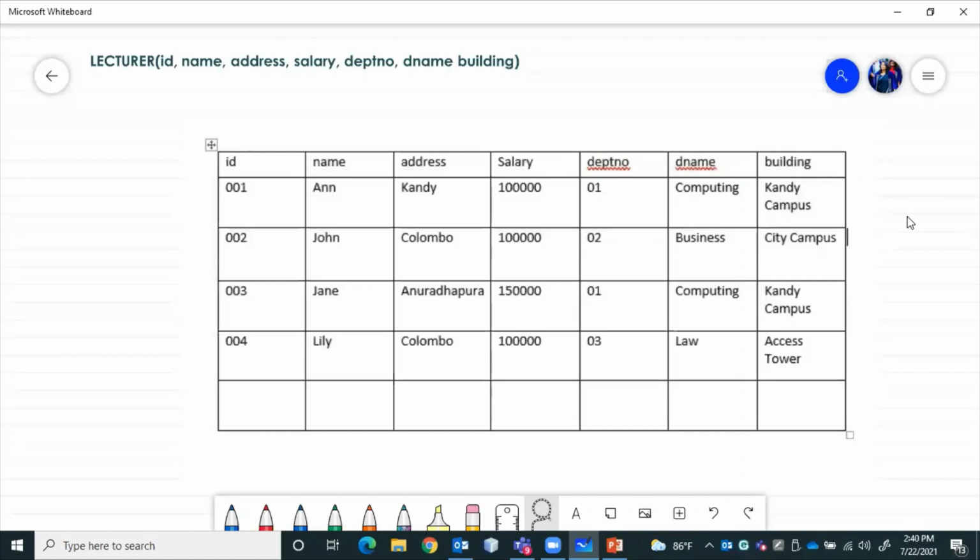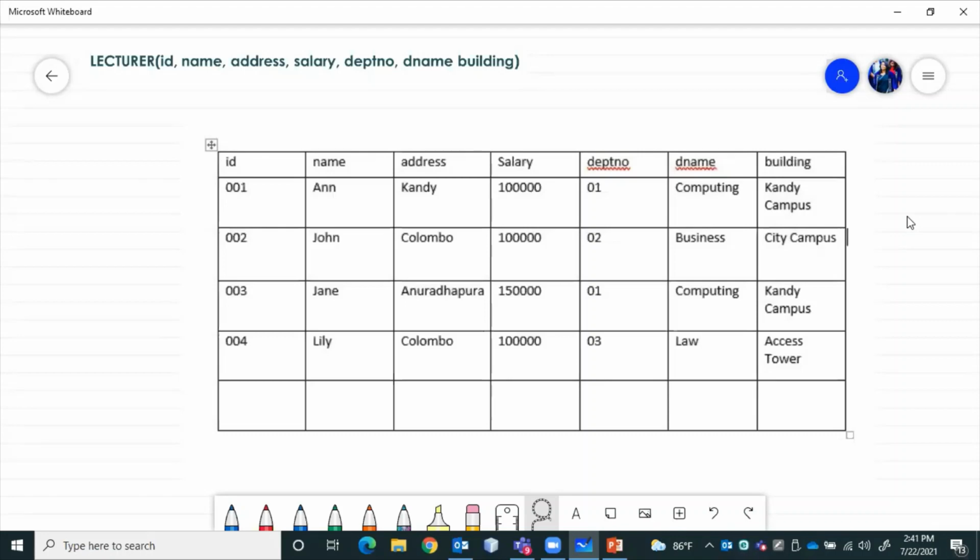We have another record, ID 2, with all these fields, and the building city campus. Then we have ID 3, with the name, address, and salary information, department number, the same department, computing, and the building name.